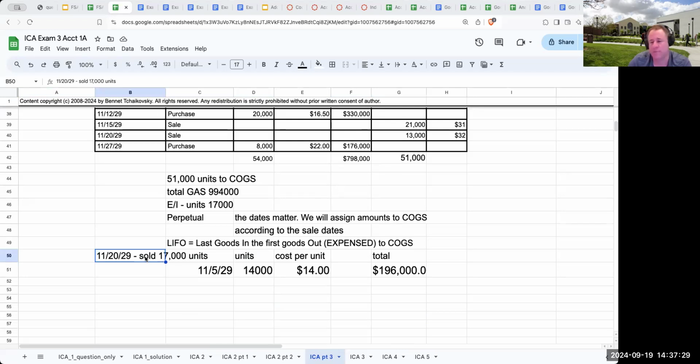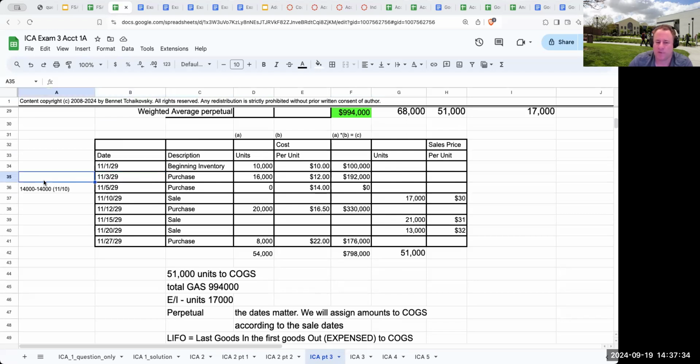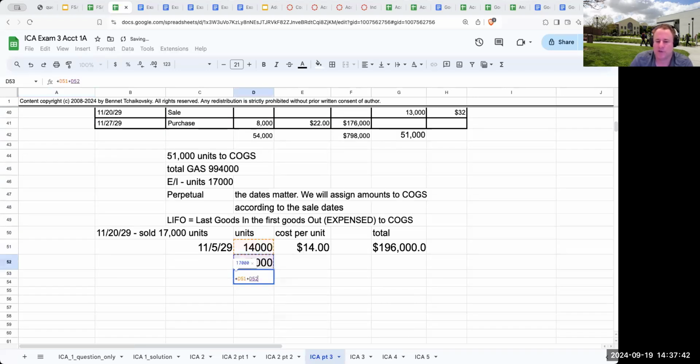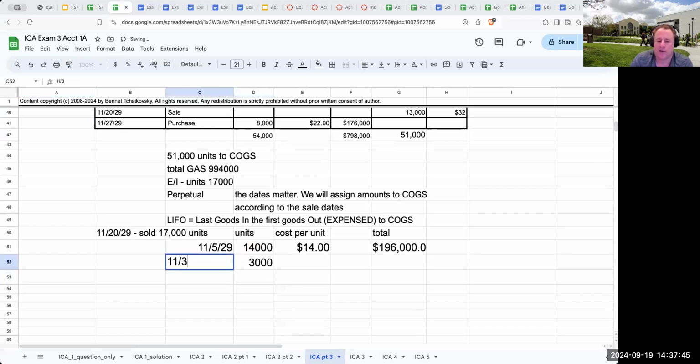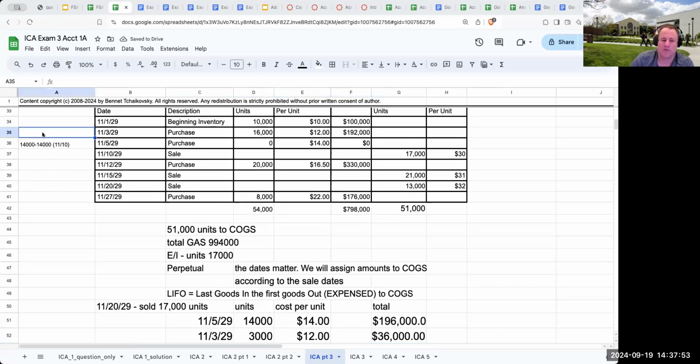I need a total of 51, but we're in perpetual, so I'm doing this individually. So now I go to my next one on 11/3. How many units do I need? Well, I need another 3,000 units to get to 17. So I'm going to go to 11/3/29. I'm going to grab 3,000 units at $12 per unit for a total of $36,000. So over here, 16,000 minus 3,000 from the sale on 11/10, so I'm going to have a total of 13,000 units left. Okay, that was the 17 here.